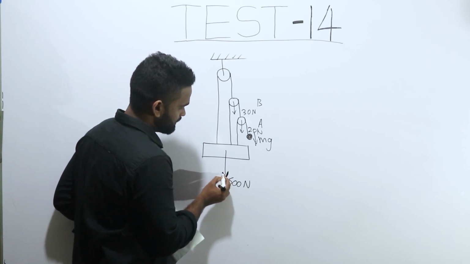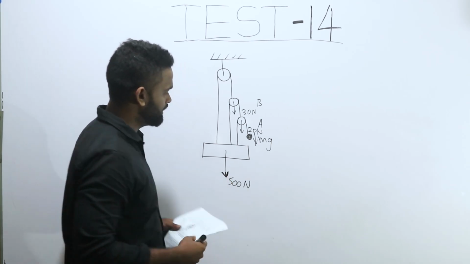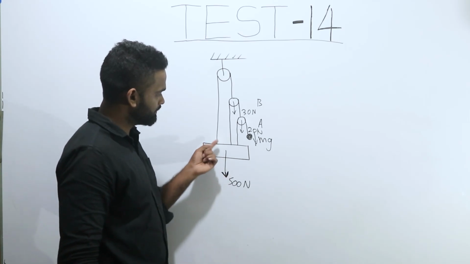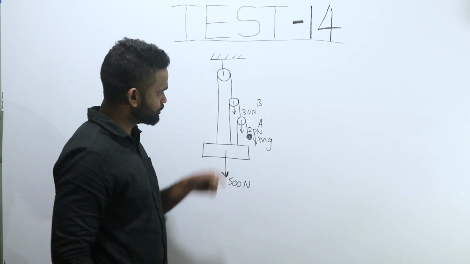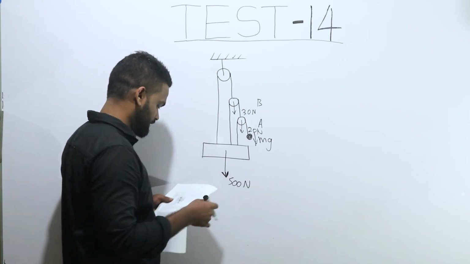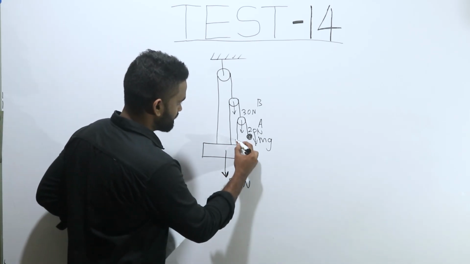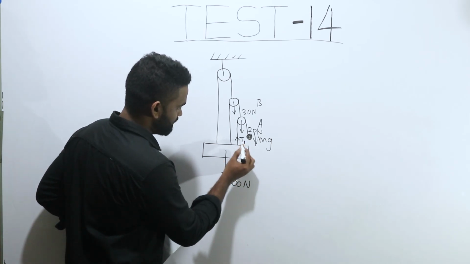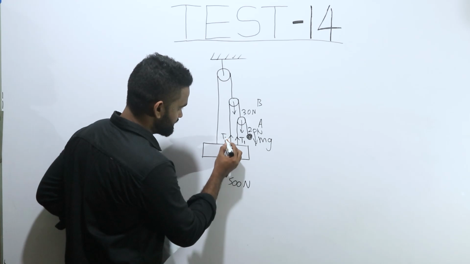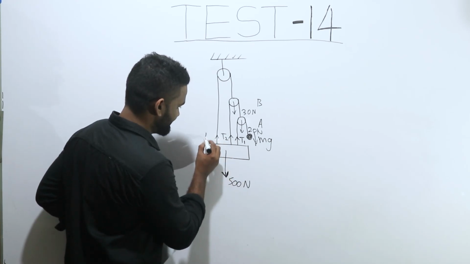If you think about this 500 Newton weight, there are 3 strings attached. I'll mark the tension of this string as T1, this string as T2, and this string as T3.